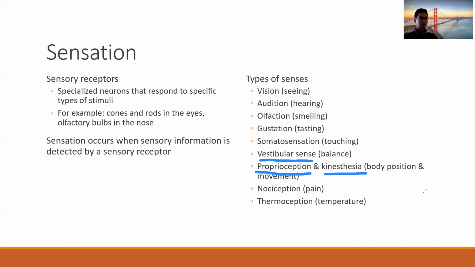Inside the skin, there are different kinds of sensory receptors that respond to different kinds of stimuli. When we touch things, we have somatosensation. That is about touching. We can feel the texture of things. That's one type of sensory receptor. And also we can feel pain. That's nociception, another type of sensory receptor.